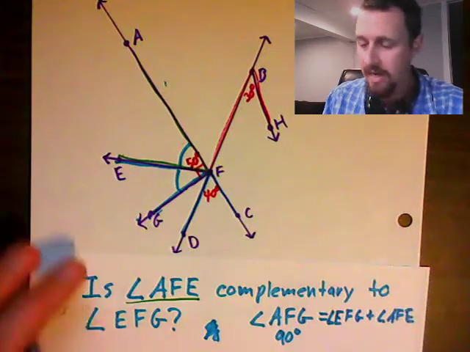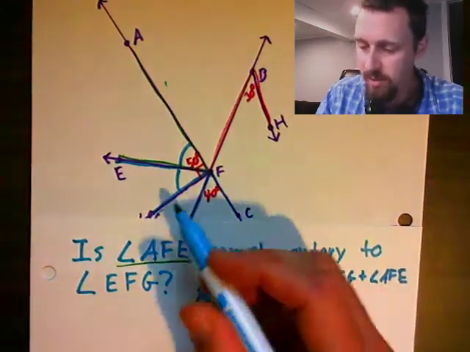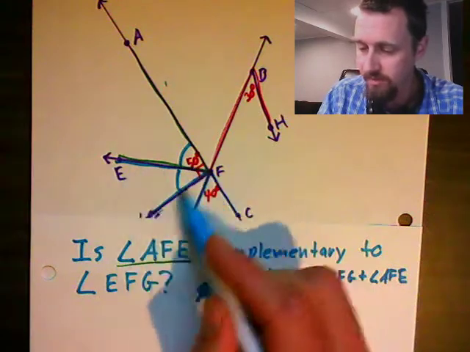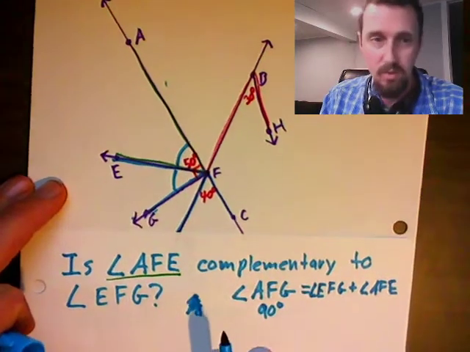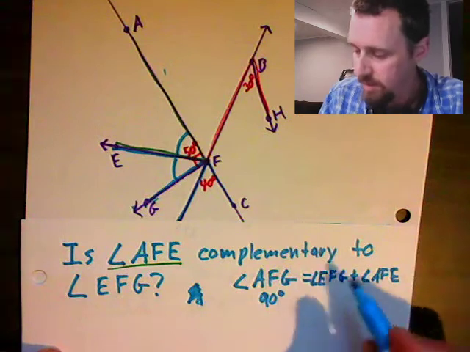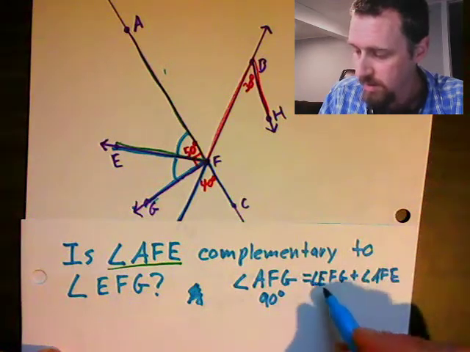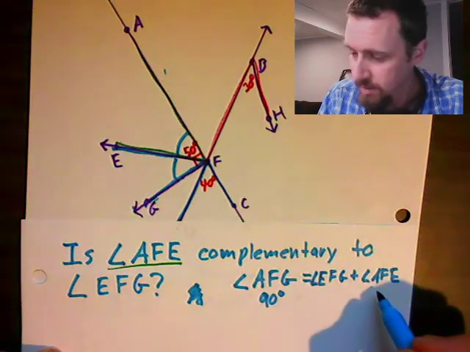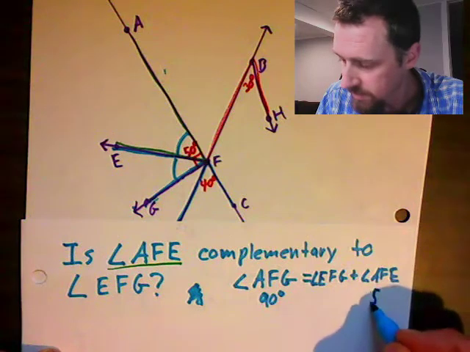Interestingly, we can now actually figure out, even though we weren't told what EFG was, we can now find out because we know that they have to add up to 90, and we know that AFE is 50.